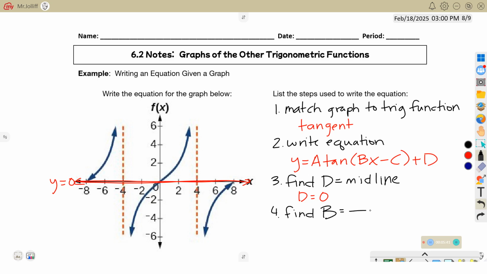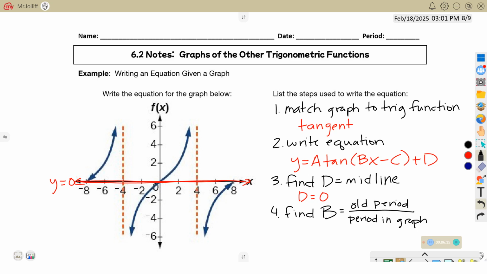Next one, we're going to find B. And B is equal to the old period, the period of the parent function, over the period in the graph. We're writing it that way because we have 6 trig functions and not all of them have the same period of their parent function. 4 of them have an old period of 2 pi. 2 of them have a period of pi.